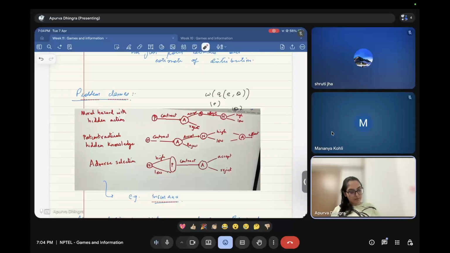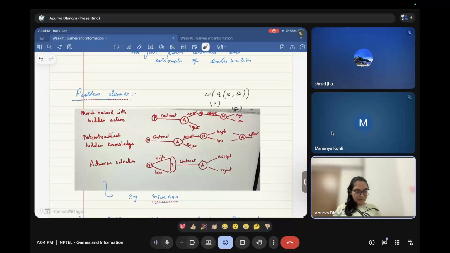Now there is another scenario possible, which is if the agent can observe the state of nature, or can actually see the realization of theta. It's like the salesman example, where the salesman went to a networking event by mistake and ended up meeting a lot of people and converted them into clients very easily. That's a luck factor.